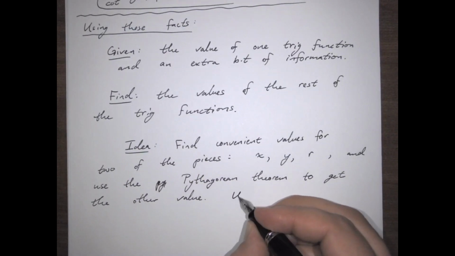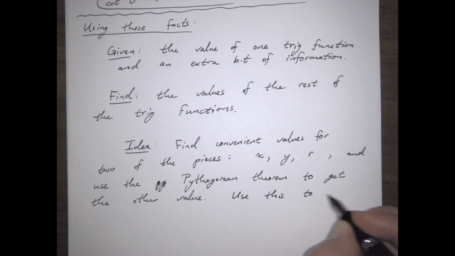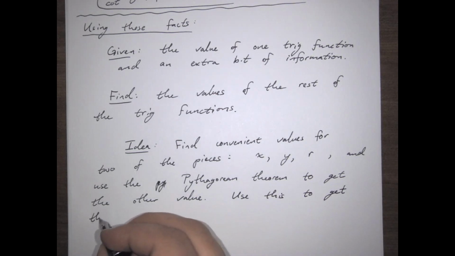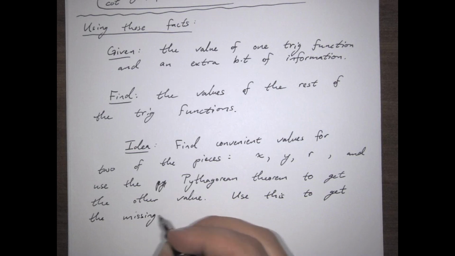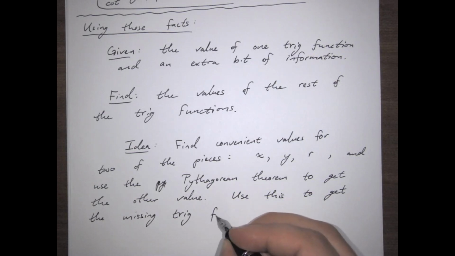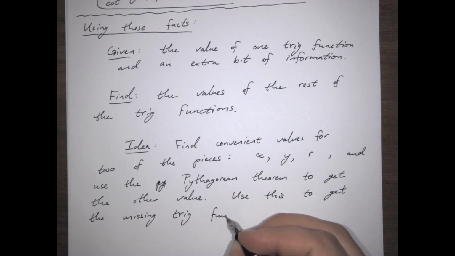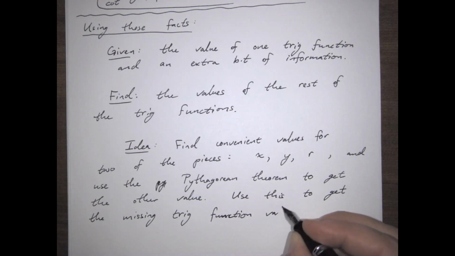Then use this to get the missing trig function values.